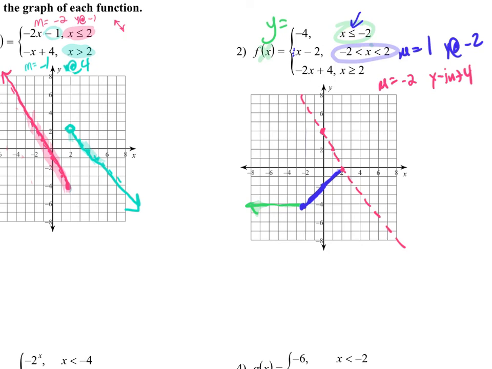And they want me to look where all the values of x are greater than 2. So here's my line. And all the values of x that are greater than 2 are on this side. So I'm going to keep this stuff and do what with the other stuff? Erase. Good.